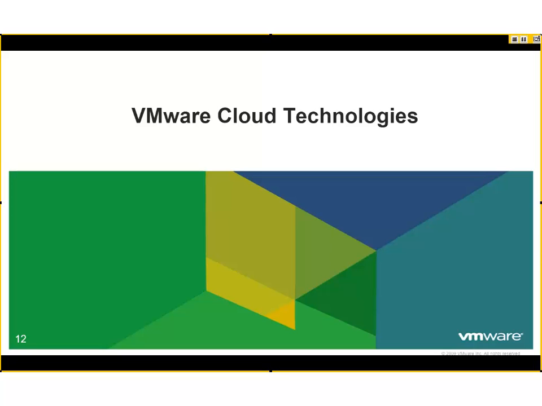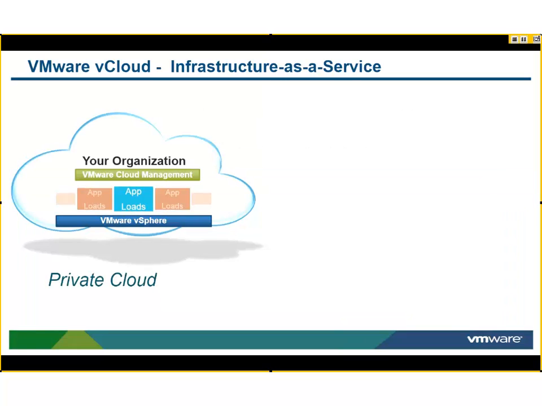So, let's take a look at VMware's cloud technologies. Using vSphere and infrastructure as a service, you can create a cloud within your organization, your school, your business, whatever, and we refer to that as a private cloud.